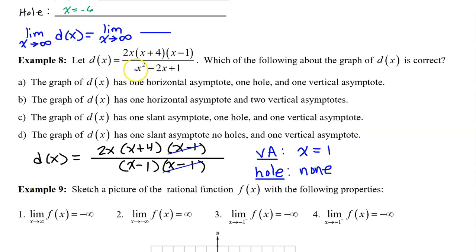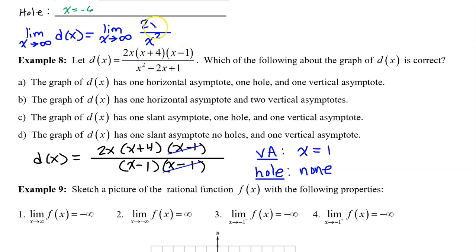To figure out whether d of x has a horizontal asymptote or a slant asymptote, we need to compare the degrees of the leading terms. So in the denominator, we can just see that the leading term is x squared. For the numerator, we need to multiply this out without these constants of plus 4 and minus 1. So 2x times x times x.